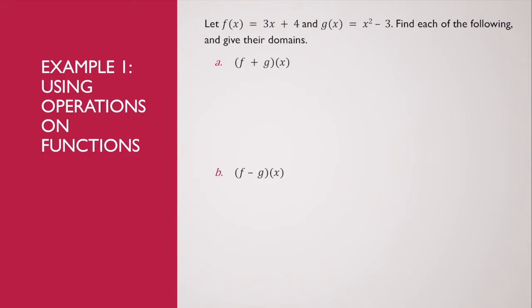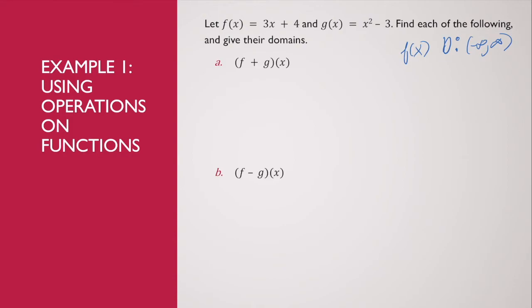So if I have f of x is 3x plus 4 and g of x is x squared minus 3, for each of the following, I just want to give their domains. So f of x is a linear function, and linear functions have domains from negative infinity to positive infinity.